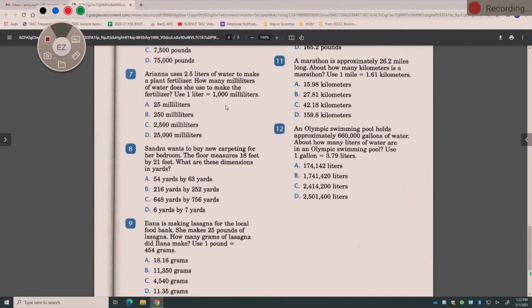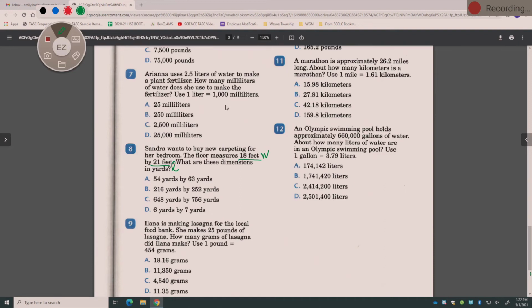So for number 8, there's a lot going on in the question. Sandra wants to buy new carpeting for her bedroom. The floor measures 18 feet by 21 feet. So we're looking at a width and a length, right? What are these dimensions in yards?